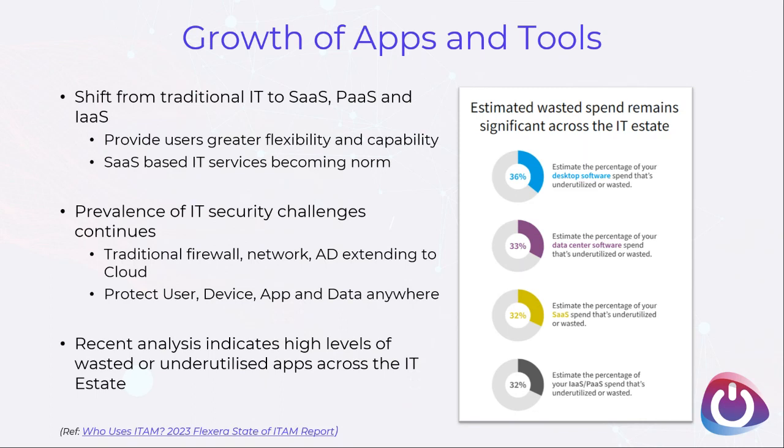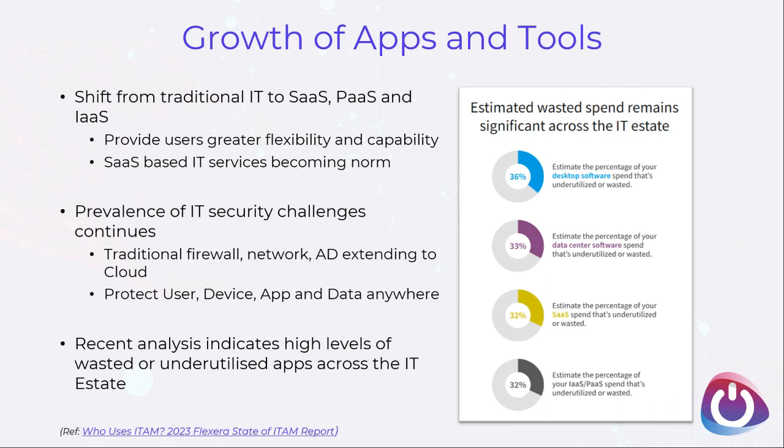I think it's really interesting because these things are now being captured in a lot of analysis. What you're seeing in the diagram is Flexera's 2023 ITAM results. You can see that in all fields there is a very high percentage of software that's either being underutilized or wasted, meaning it's not even being used. It's literally a third, but it's not just the desktop software.